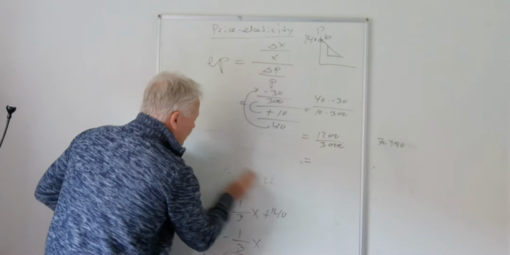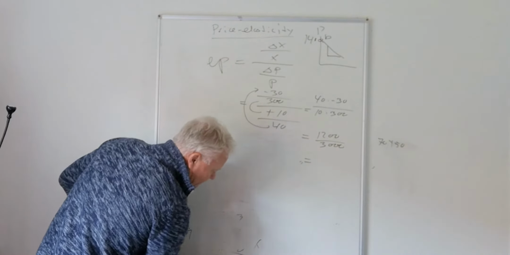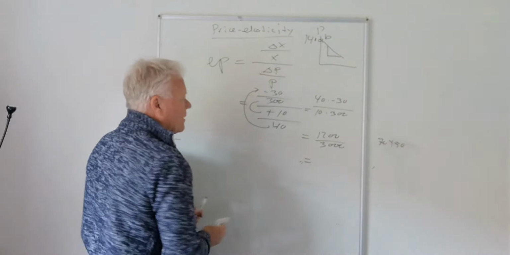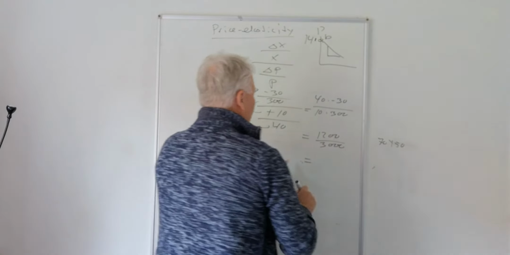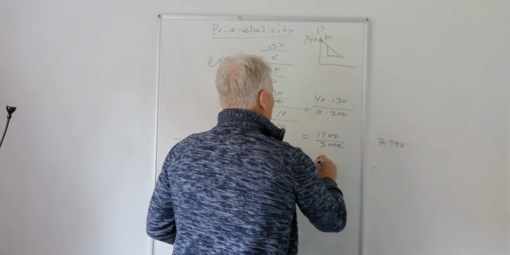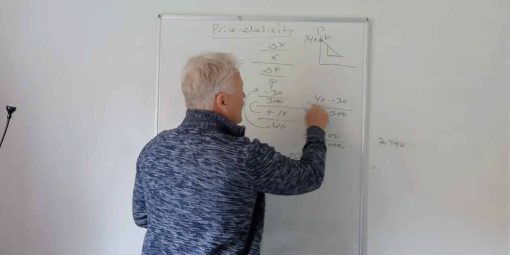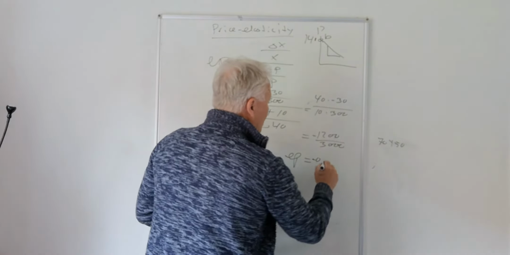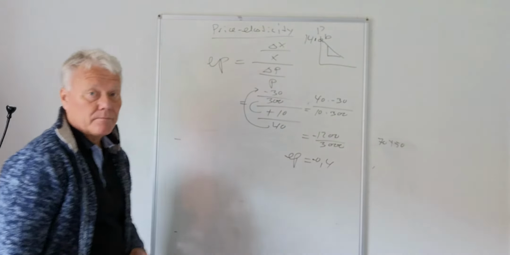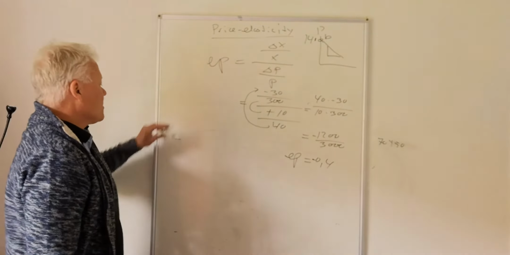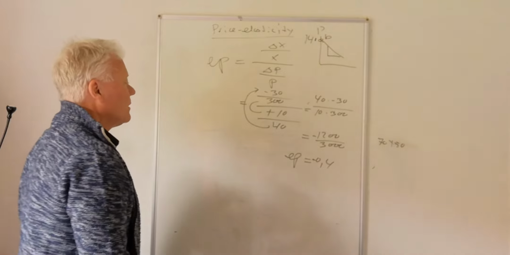So that one will be 1200 divided by 3000, and that gives us an elasticity, an EP of minus 0.4, because one of the numbers is minus. And what does 0.4 mean?